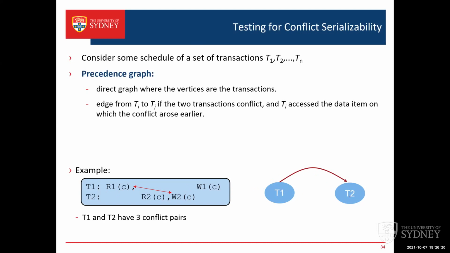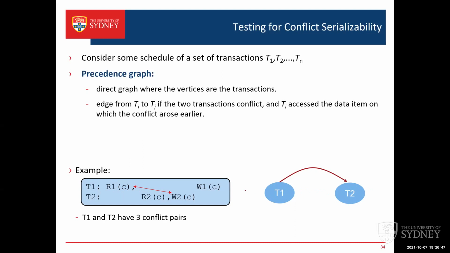Does that make sense? Have a look at why the arrow is from T1 to T2. This is very important. If you draw the wrong arrow, then it will not work. Because in this case, first we are reading in T1, then we are writing in T2. Hopefully that is making sense. That's why we are going from T1 to T2. This one is saying first perform T1, first read, and then you can write in T2.